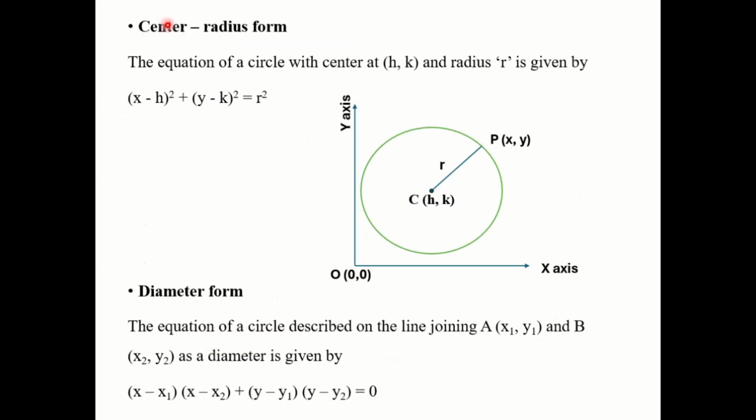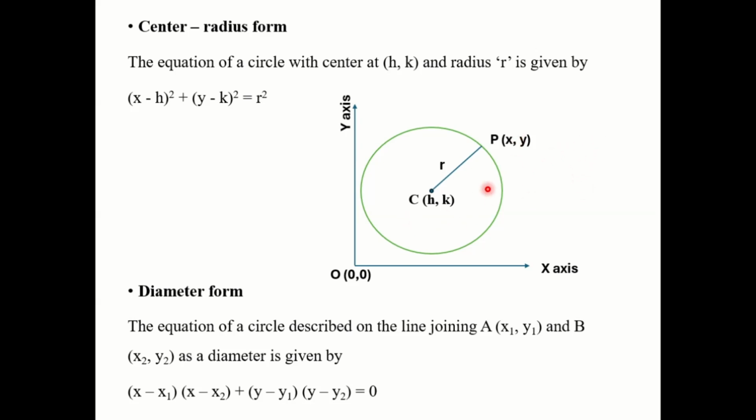Now, other forms of equation of circle are the center radius form and diameter form. The equation of a circle with center C, whose coordinates are h and k, and radius r, and there will be a point P whose coordinates are x and y. By using the distance formula, x2 minus x1 whole square plus y2 minus y1 whole square, under the square root.